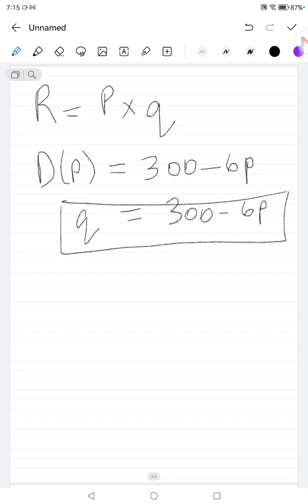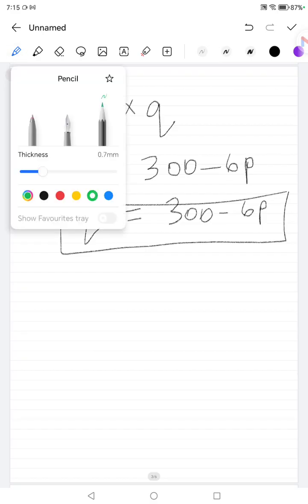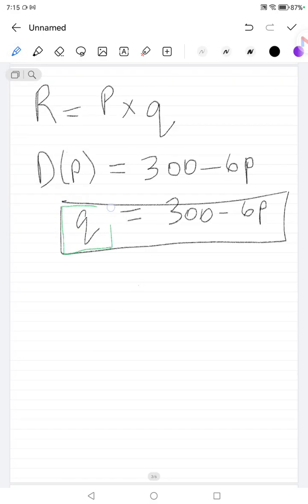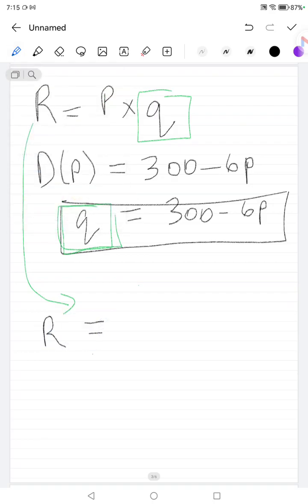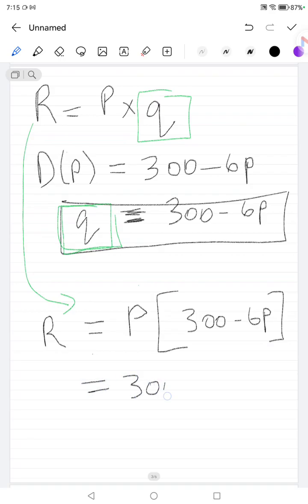You see? So now you can see that between these two, you have your Q on this side and also your Q on this side. So now it means you can say you have your R equals your P into what's your Q? Your Q is equal to this one, your 300 minus your 6P. So now you have 300P minus 6P squared.